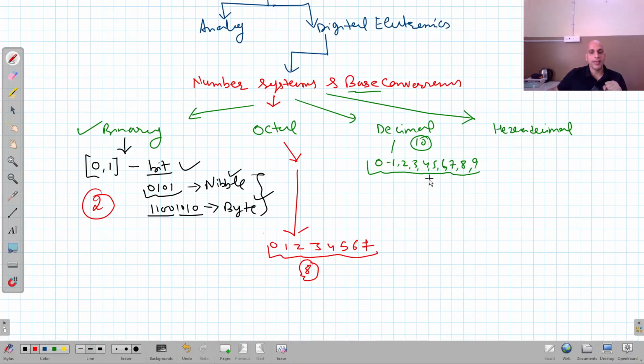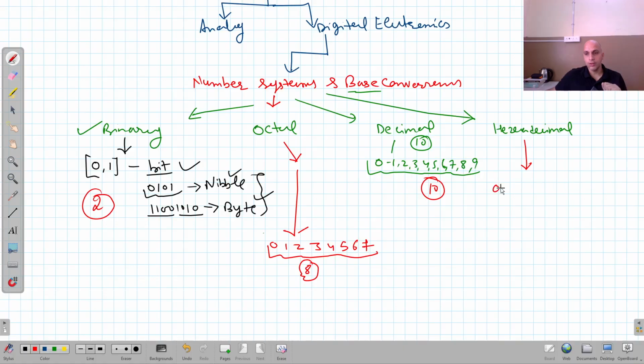Similarly, if I come to the decimal, I already told you that the decimal number system is the commonly used number system, and the number of unique digits is 10. The base is 10, right? Now I am coming to the hexadecimal. In hexadecimal, we have 16 unique digits.